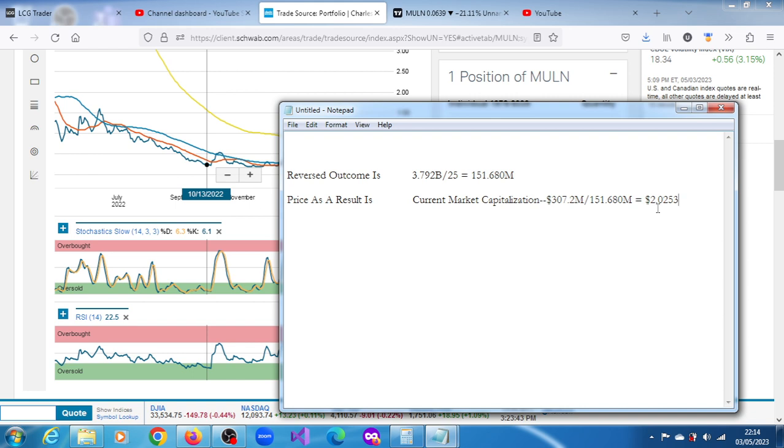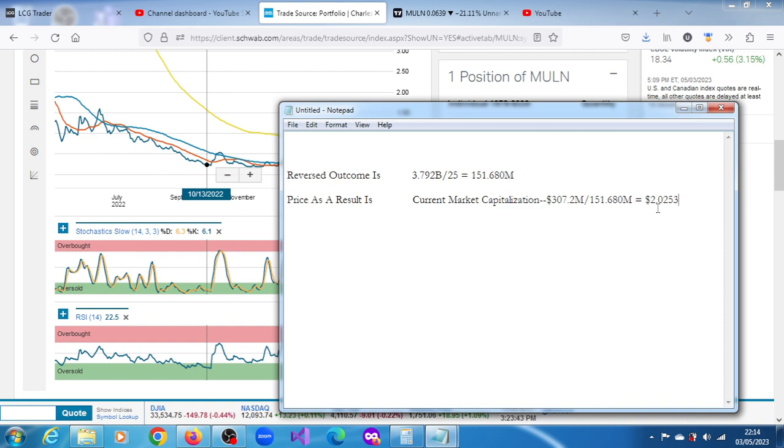What that means is that if this is going to be the price, $2.0253, there's a good chance for some holders, it may not be the case for every holder, especially those whose positions are evenly divisible by 25. For those whose positions are not evenly divisible by 25, there's a good chance they will see a bump up of 30% given this reverse split.